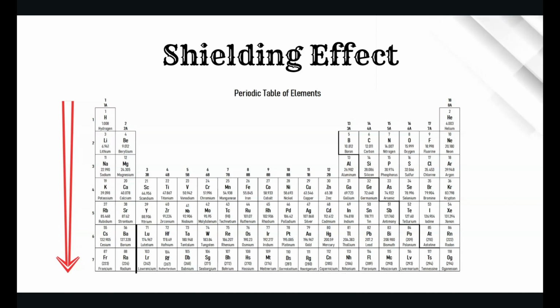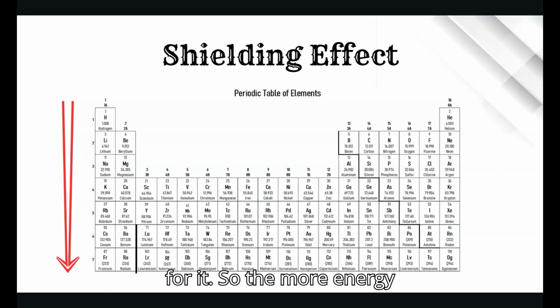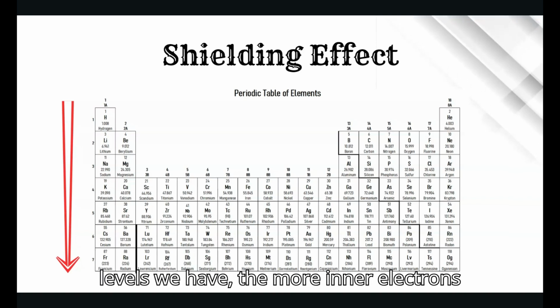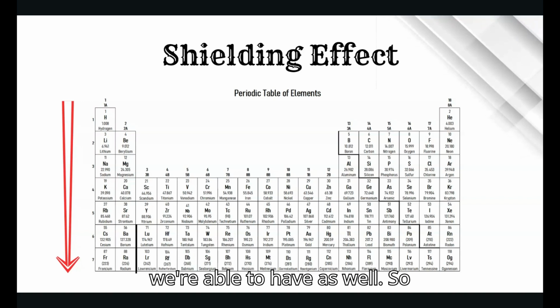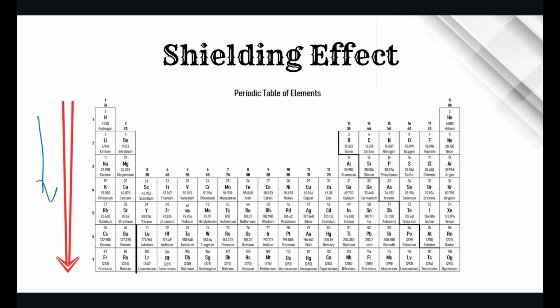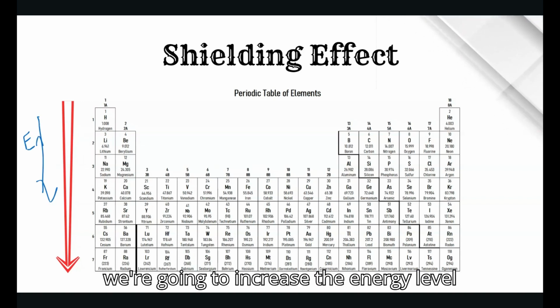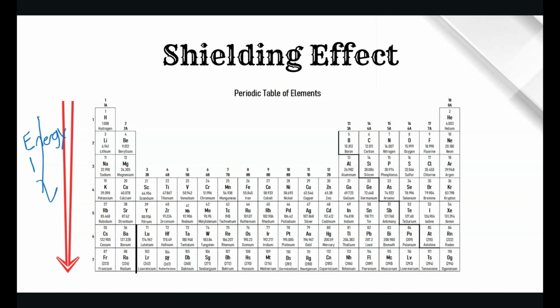So the more energy levels we have, the more inner electrons we're able to have as well. So we're going to increase the energy level as we go down.